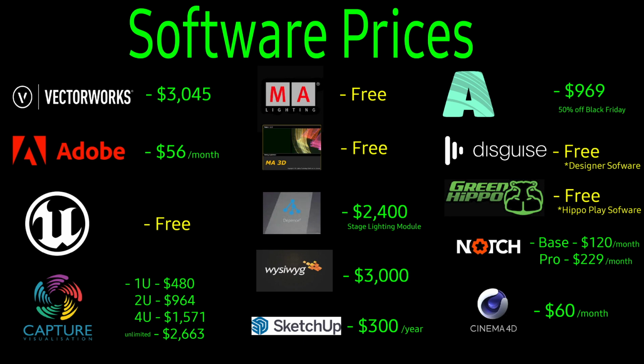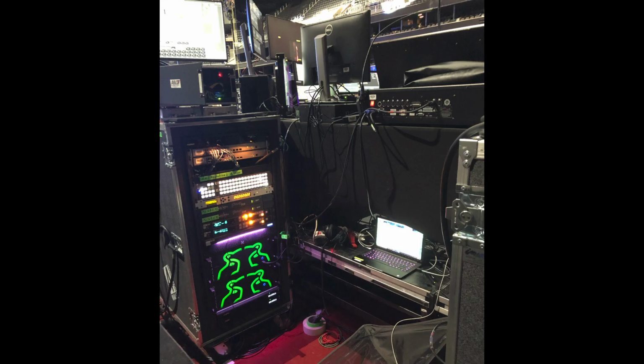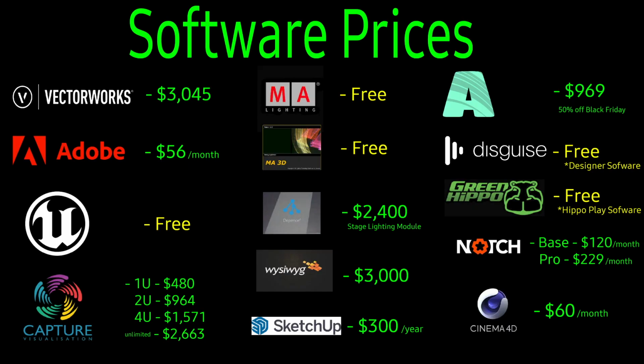Not to say that their support isn't good. However, they just can't provide as much support as other people, because Green Hippo has tested this motherboard with this set of RAM, with this CPU, and they've put that through the paces, and then they can confidently know that configuration will be able to hold up during the Emmys, during the Rock and Roll Hall of Fame, during America's Got Talent, things of that nature.